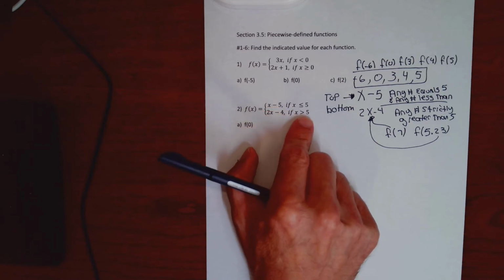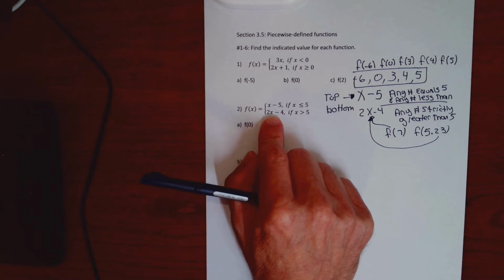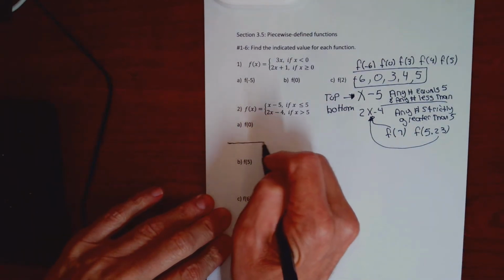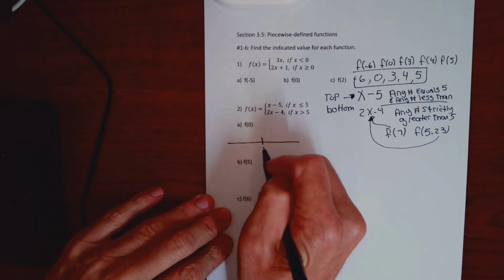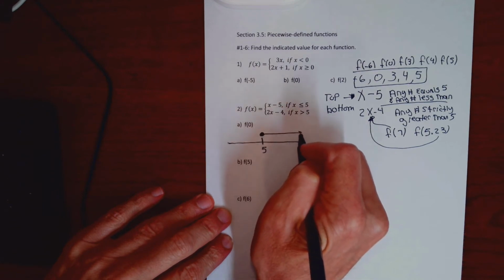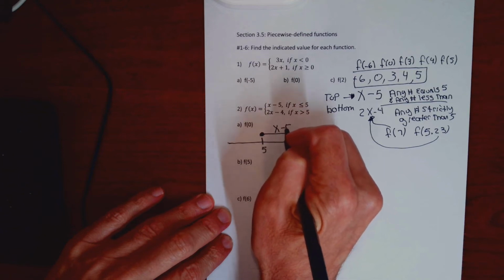If you're given a number that's bigger than 5, plug the x into 2x minus 4.